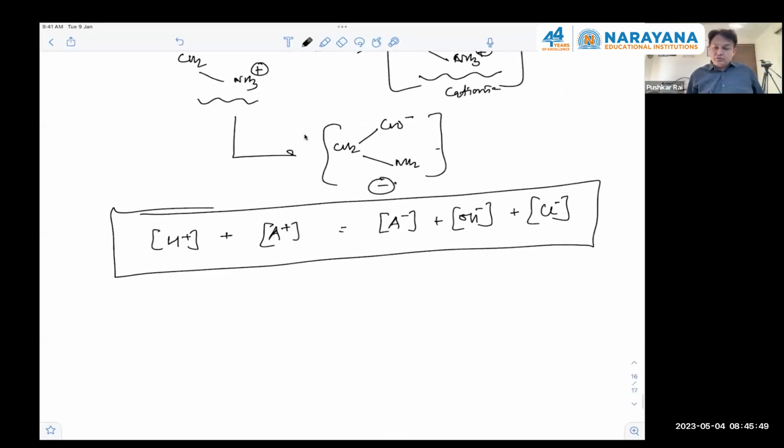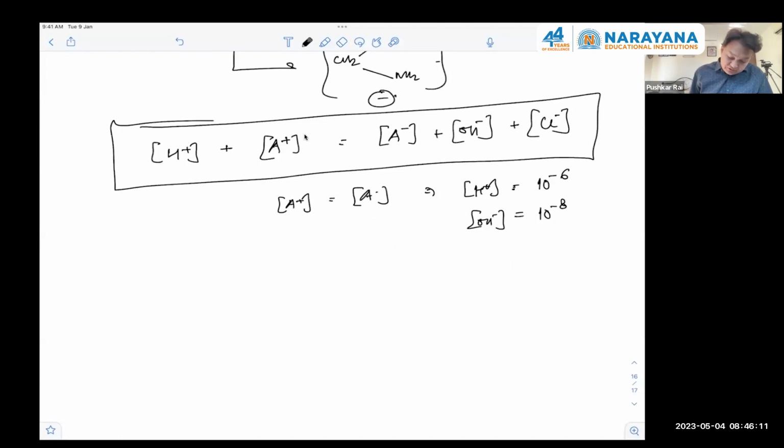This is how I would like to solve this problem. Now the H plus ion concentration is surely, when A positive is equal to A negative, at that point, the H plus ion concentration is equal to 10 to the power minus 6. That means the OH negative concentration is equal to 10 to the power minus 8. If I substitute in this equation, we have 10 to the power minus 6 plus A plus equals A negative plus OH negative plus Cl negative.